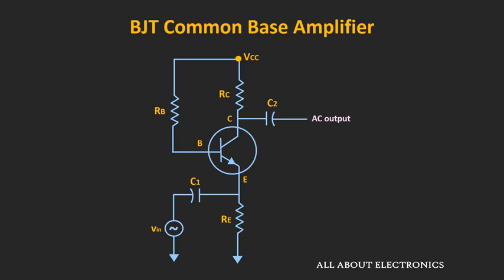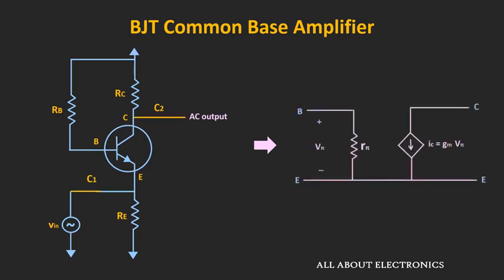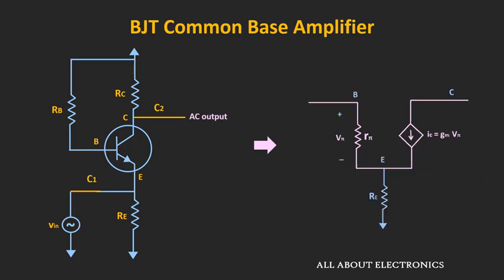For the small signal analysis, or the AC analysis, we will consider all the DC sources in the circuit as 0, and we will replace the coupling capacitors by short circuits. Then we will replace the BJT by the small signal model. If you see over here, this emitter resistor is connected between the emitter and the ground terminal, so in the equivalent circuit it can be shown like this.